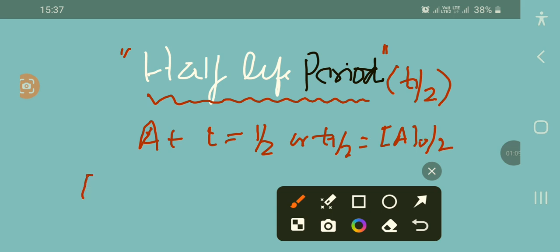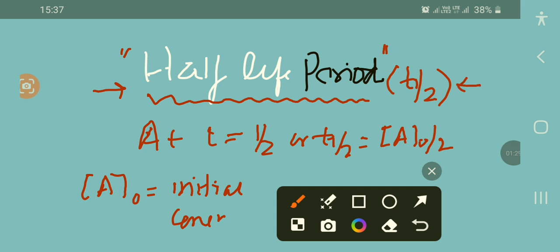A naught represent initial concentration. Now again I am repeating the definition of half-life period. It is defined as the time needed to reduce the concentration to half of its original concentration.